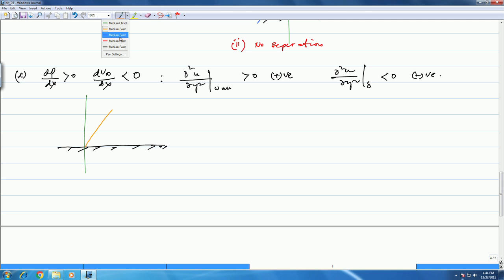In that case, if I were to draw something like this, you can see that there is a certain change in slope around this point.